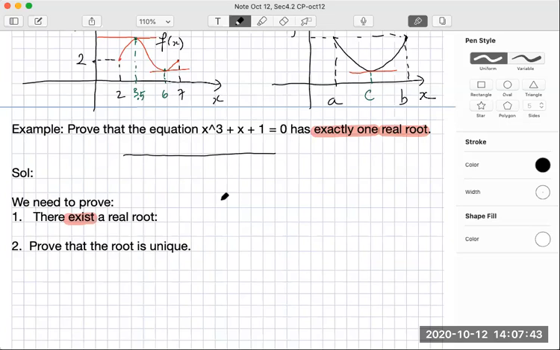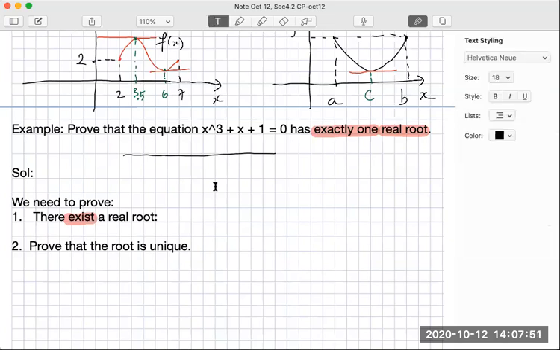The intermediate value theorem, right? Yeah. So we need this. It reminds us about the intermediate value.